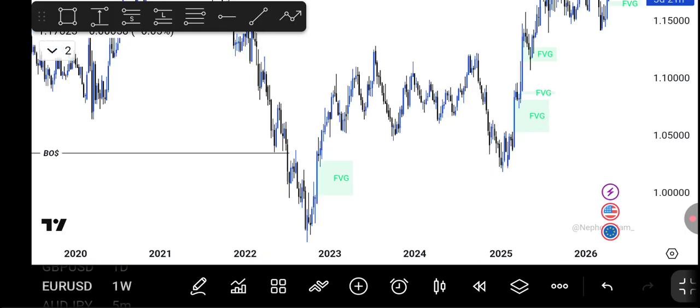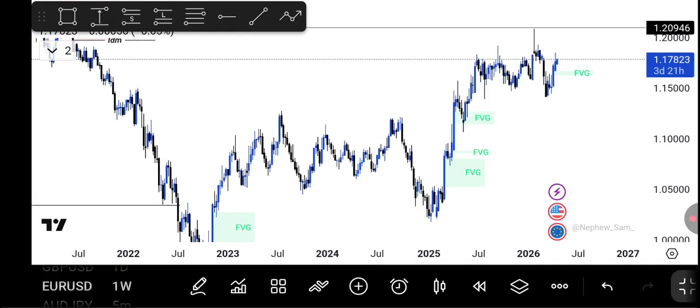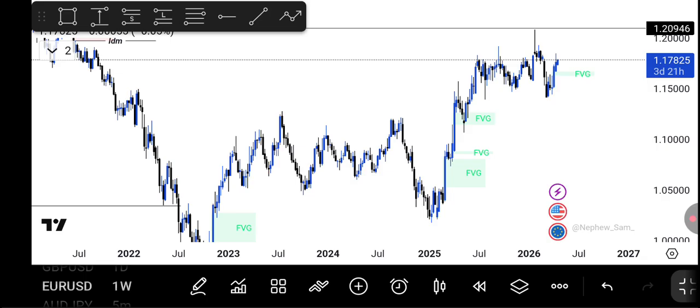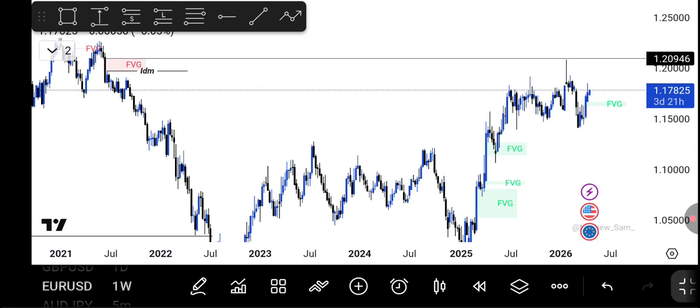In this downtrend, how can we find an opportunity before the market gets to our interest area for us to take a trade?